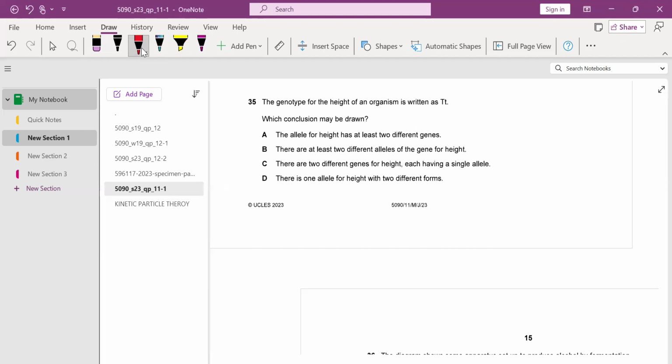You can say yes, this option may be correct. Then there are two different genes for the height, each having a single allele. No. There is one allele for the height with two different forms. No.